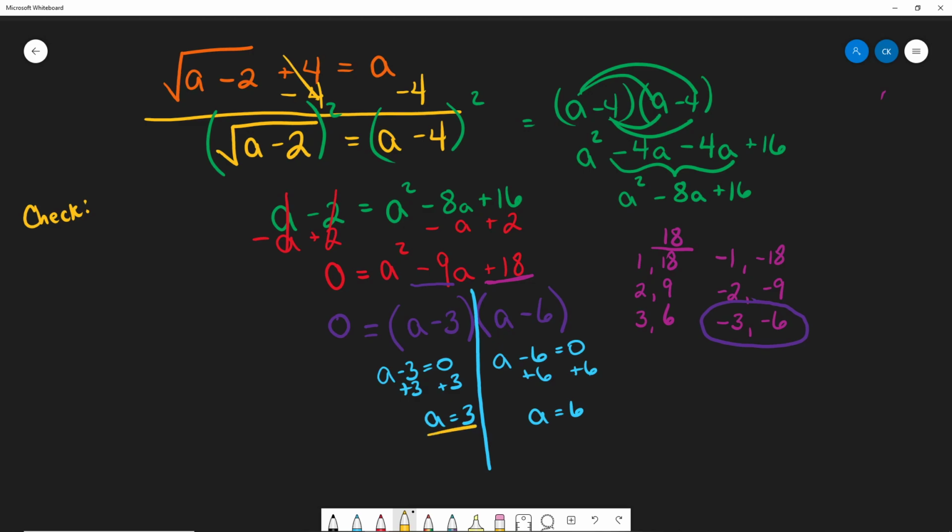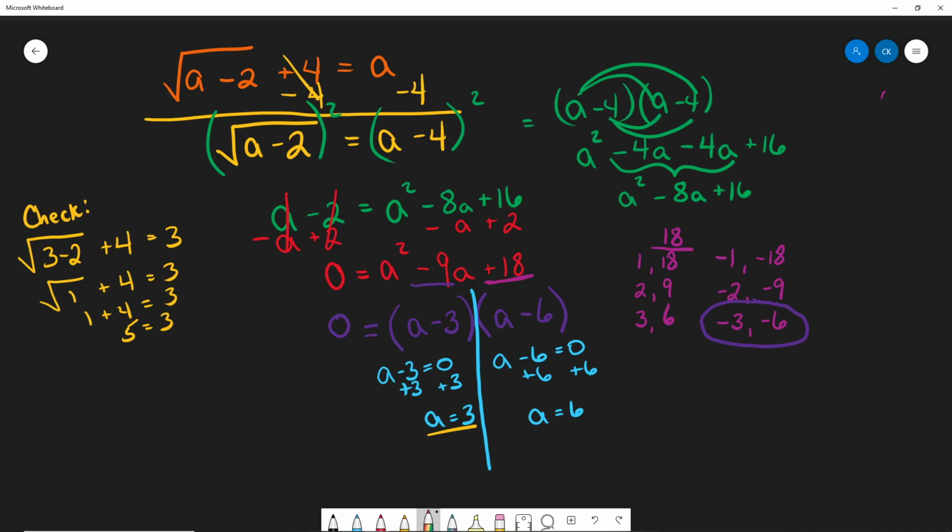So I'm going to start by checking the a equals 3. I'm going to plug it back into my original equation. So I'm going to have the square root of 3 minus 2 plus 4 equals 3. 3 minus 2 is 1. The square root of 1 is 1. 1 plus 4 is 5.